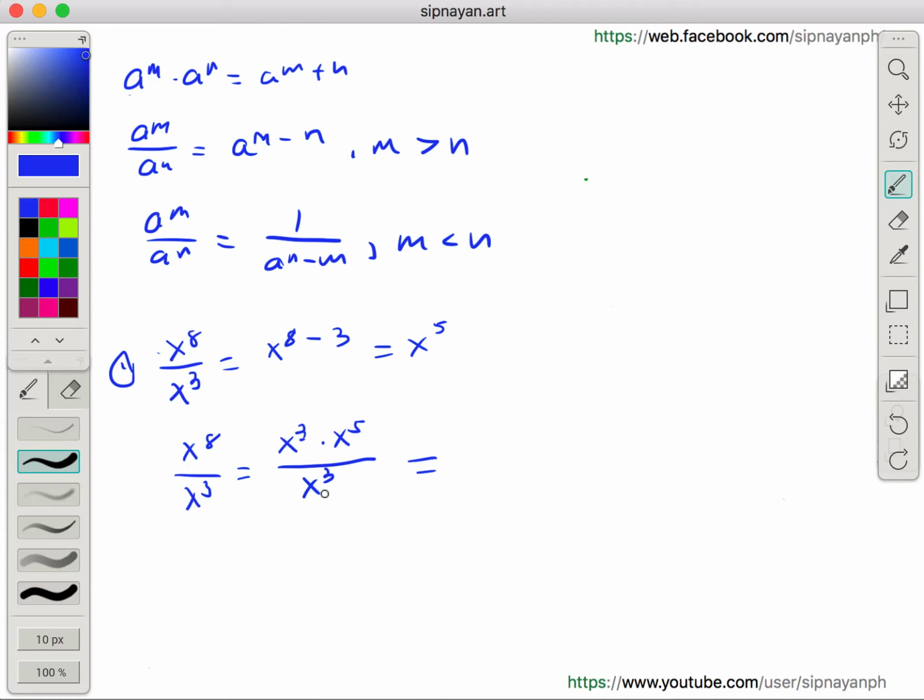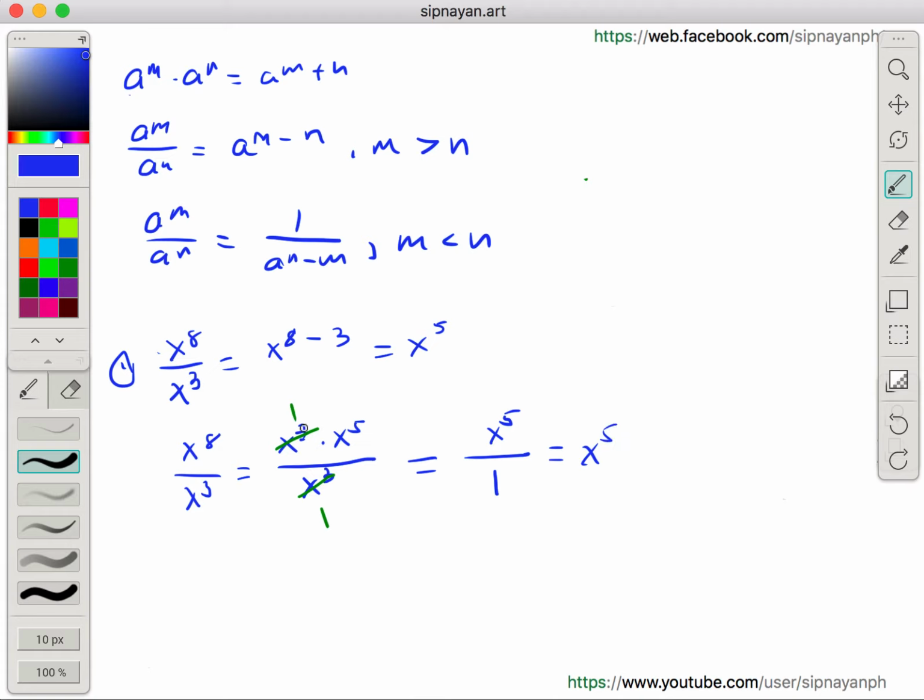But pwede tayo mag-cancel dito. We divide both the numerator and the denominator by x cubed. So x cubed divided by x cubed is equal to 1. And then we have 1 times x to the 5th yung ating numerator, which is equal to x to the 5th, and yung ating denominator ay 1. So, x to the 5th divided by 1 is x to the 5th.